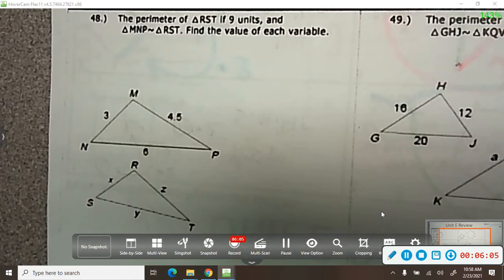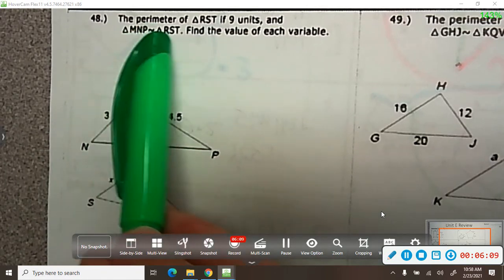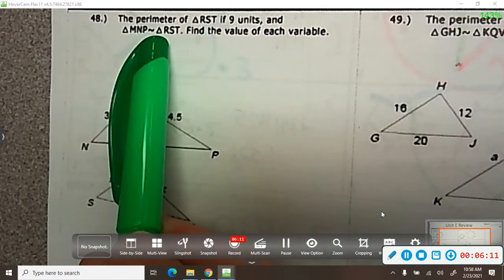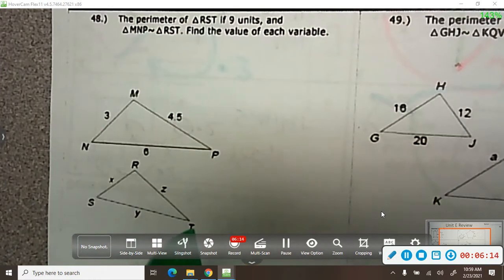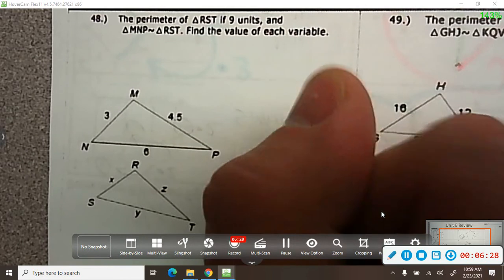So they draw us two triangles, and they tell us right here that the two triangles are similar, and they want us to find the value of each variable. I see an x, I see a y, I see a z. And they also tell me that the perimeter of RST, the perimeter down here is 9.